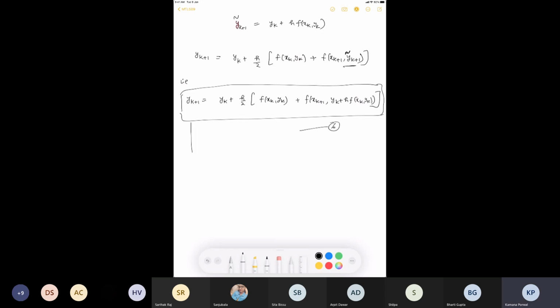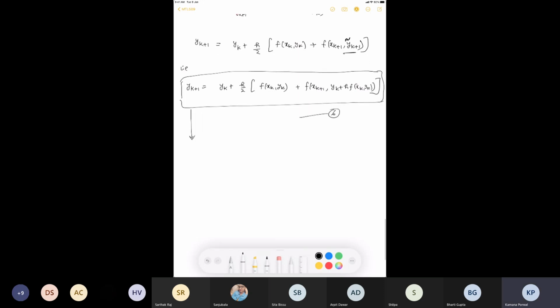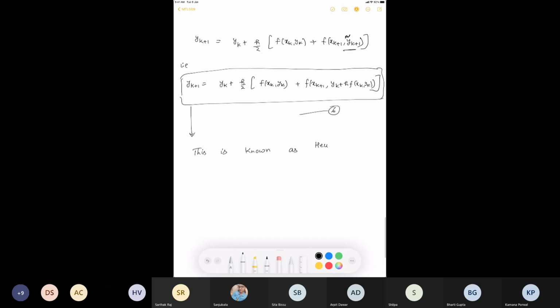And this formula is known as Heun's method of order 2.